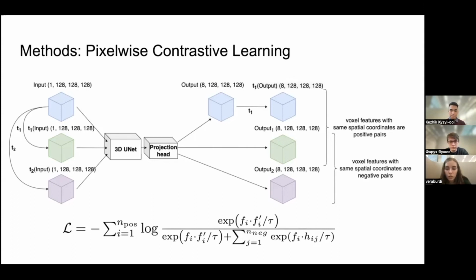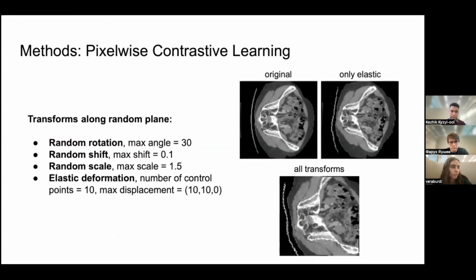The loss that we use is presented on the slide. Here you can see that every pixel of output 1 has one positive pair and one negative pair. Then this loss is averaged over all the voxels. What transforms do we use?